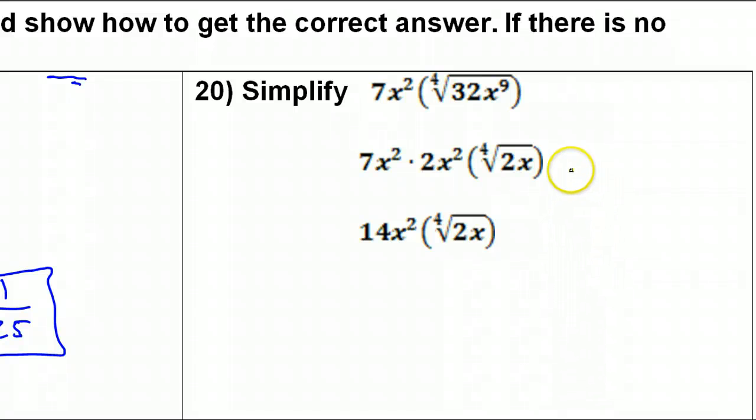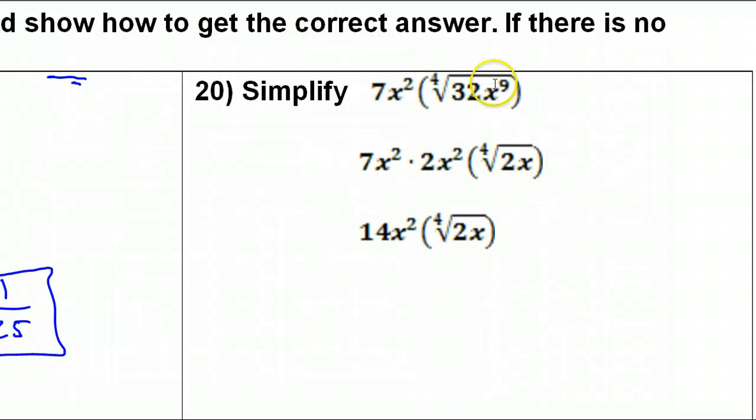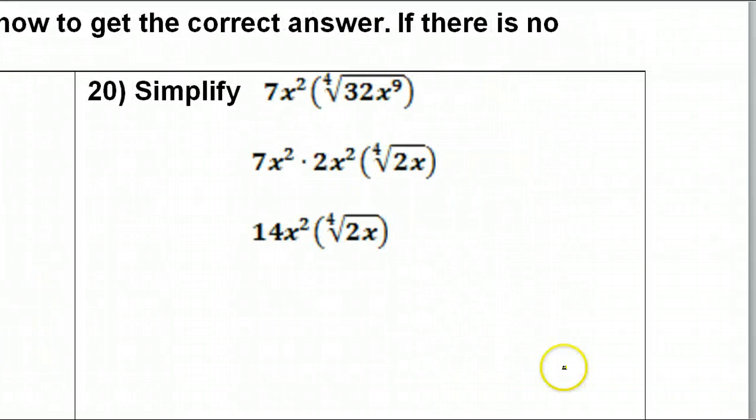How about number 20? Let's see what happened here. They simplified the fourth root of 32. Well, 32 is not on the chart, so they had to split it up with a 16. Now, I'm going to show the step in between the way I taught you.